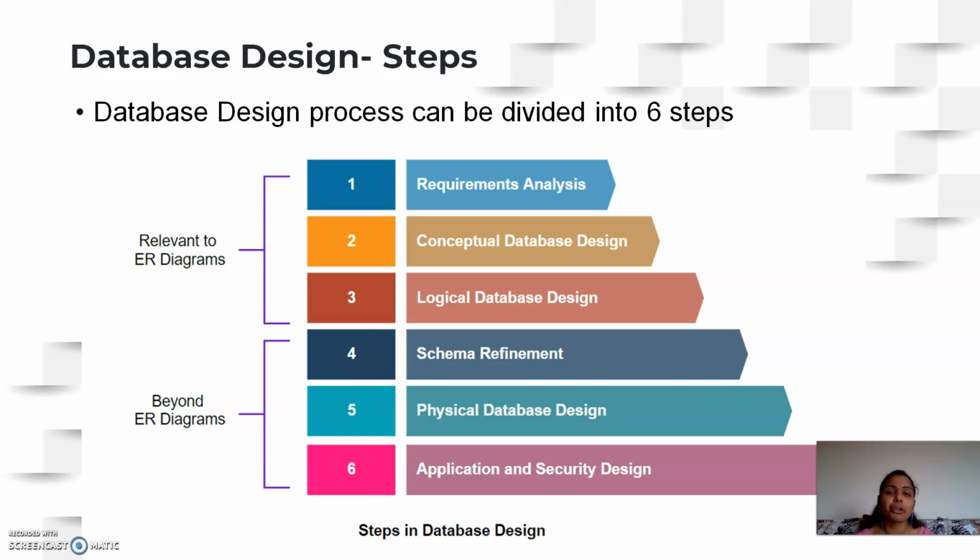This set of requirements is given as input to the second phase, called conceptual database design. Here in the conceptual database design, we will make use of entity relationship models, the ER models, using which you can design the database.